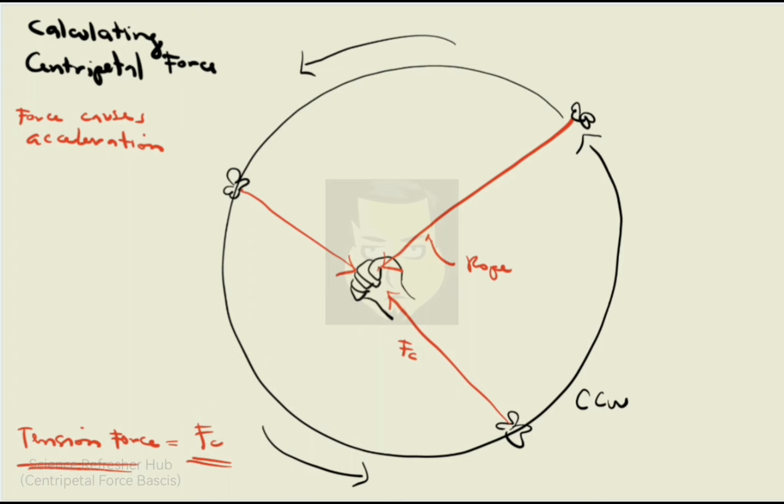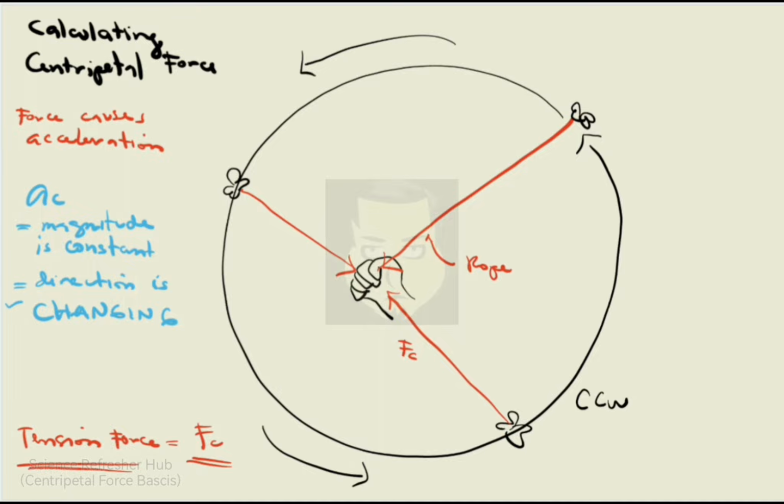So our AC, please remember this one, the magnitude or the value is constant all throughout the rotation or the circular motion, as long as it's uniform circular motion. But if you notice, direction is changing, so it's still accelerating.